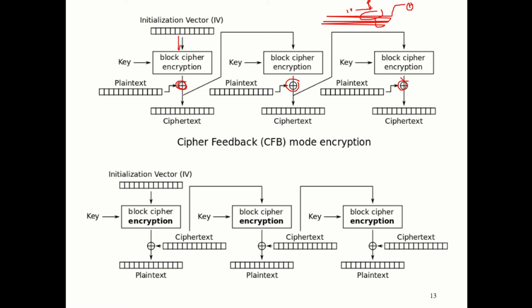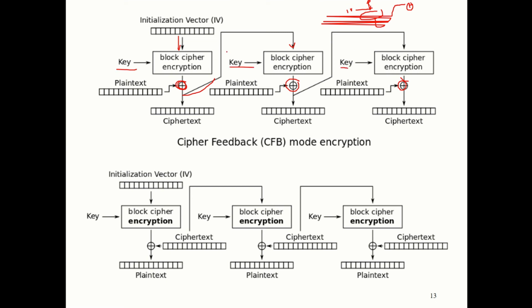And the same way, you take the output and consider it as input for the second one, and so on. So there is dependency between the blocks, and the XOR is after the encryption. The decryption is the opposite way, and you can see that it's still using the same key in all the rounds.